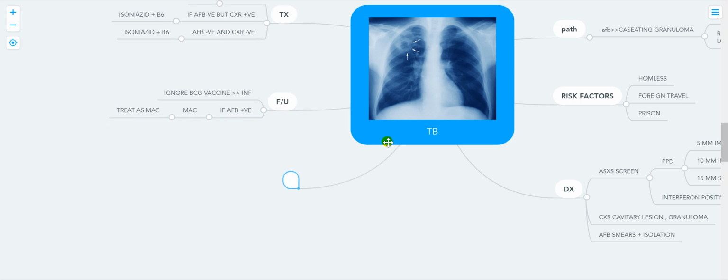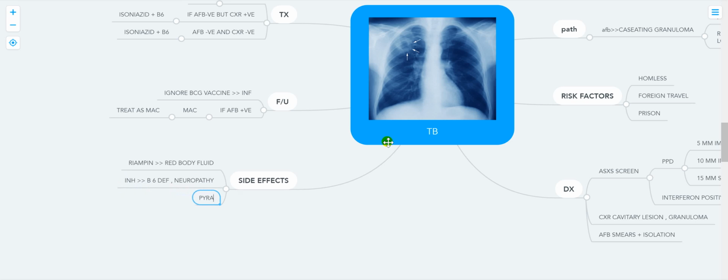Now, the side effects of medications: rifampin causes red body fluid. INH, isoniazid, could cause B6 deficiency, that's why we give it with B6. Could cause a neuropathy, always give B6 with it.